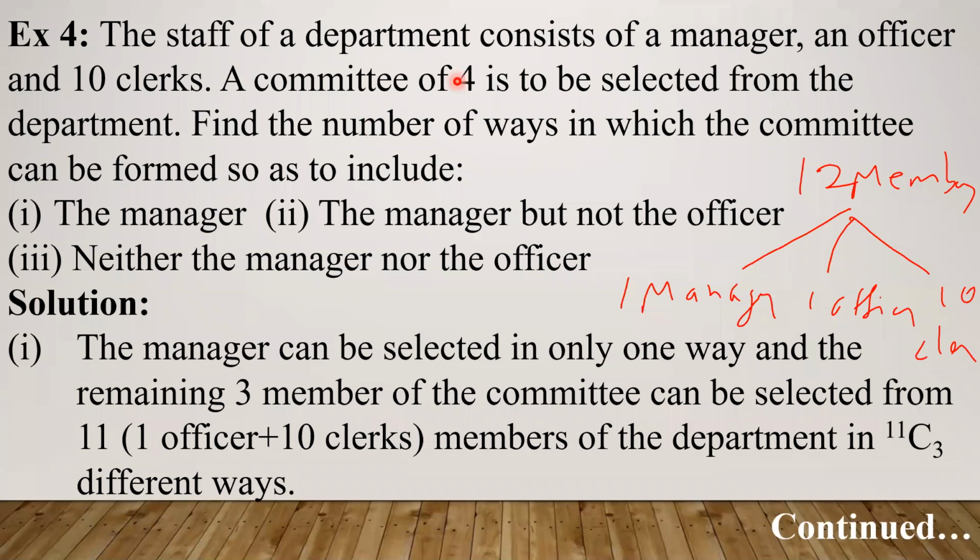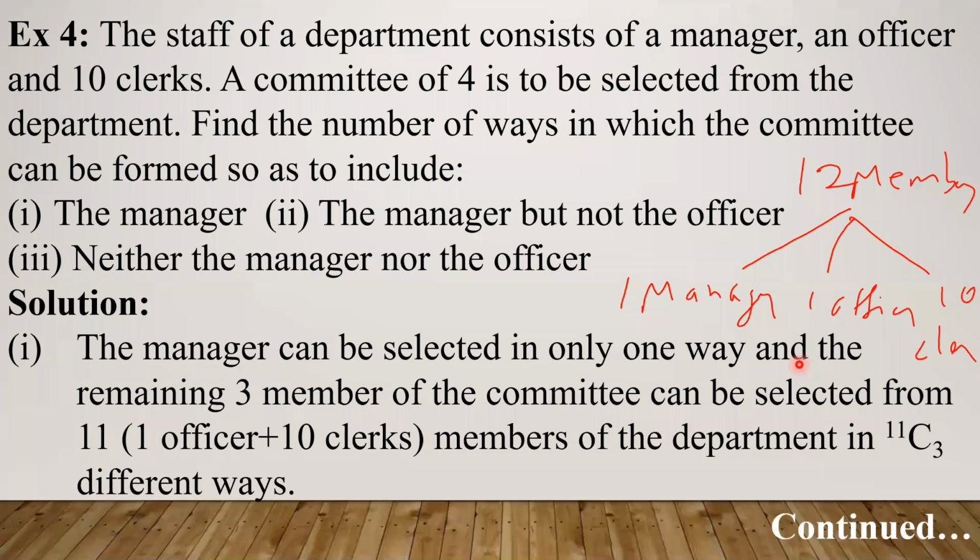We have to form a committee of 4 so that it includes a manager. How many managers are there? There is only one manager. So one manager out of one manager can be selected in 1C1 different ways. That will be only one way, correct? The manager can be selected in only one way because there is only one manager.